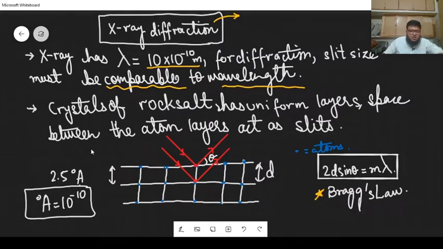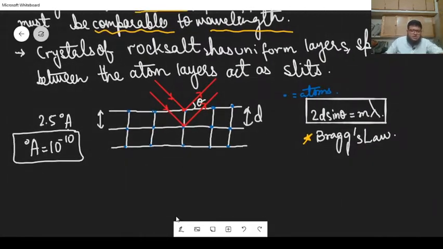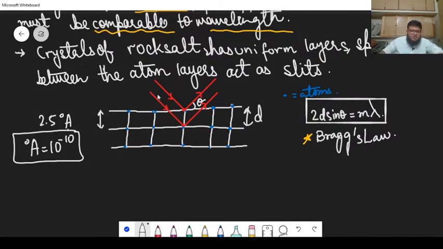So now let's look at the mechanism behind it, what's happening over here. So basically, these red lines are representing X-rays. First focus on this one. This X-ray is coming and hitting the atom over here on the top surface, and after hitting it, it gets reflected by an angle theta with the plane.